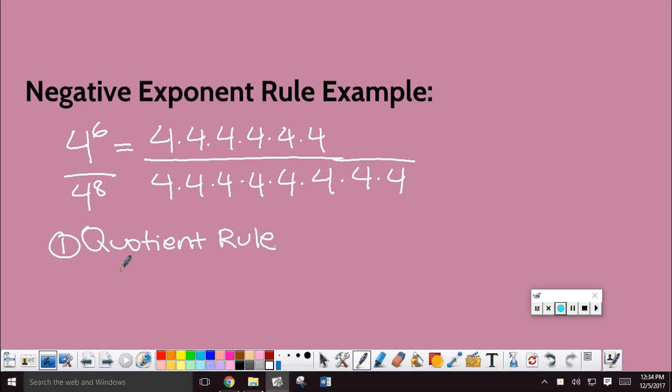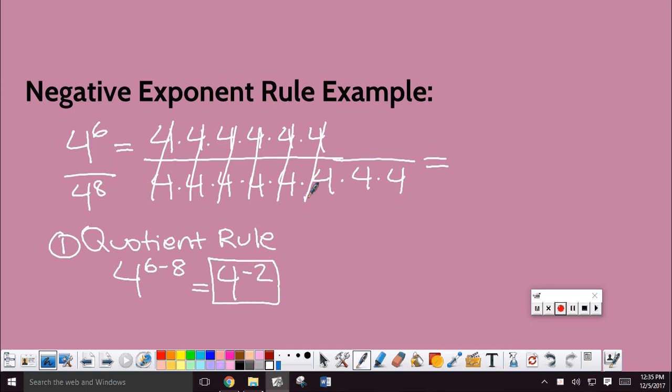So it's going to become 4 to the 6 minus 8, which is 4 to the negative 2nd power. Okay? Now, if we were to solve it this way, by just crossing them out, which is still the quotient rule, if I cross all of these out because they divide perfectly, then I'm going to be left with 1 over 4 to the 2nd power.